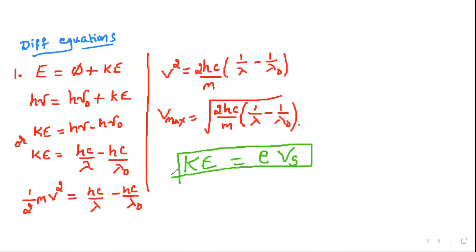So these are the different forms of Einstein's photoelectric equation. You have to remember this. All these equations we are going to make use of in the problems.